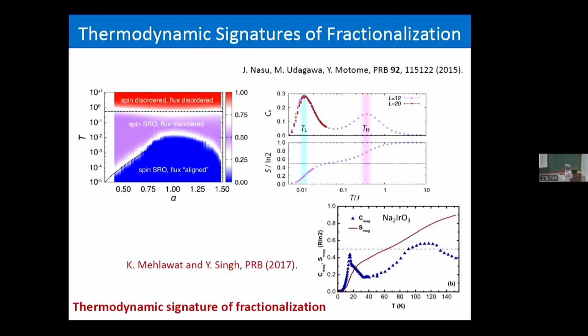The entropy will be released in two steps, and the plateau will be at half R log 2. So we did heat capacity measurements on the sodium iridate and approximately see a two-step release of entropy with half R log 2 in the middle of the plateau as predicted. So this is maybe one thermodynamic signature of fractionalization.